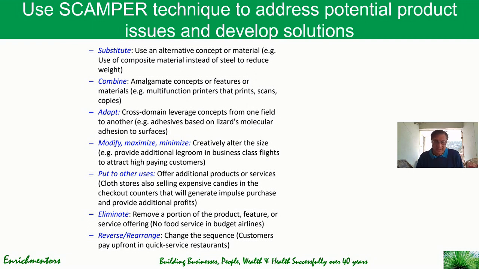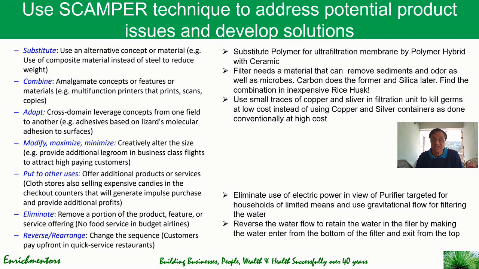The second part of SCAMPER that they used was the combine concept. They found that the filter needed a material that can remove sediments and odor as well as microbes. So this was the combination that was required. Now, there was no material readily available. They found that carbon removes the sediments and odor, while silica removes the microbes.